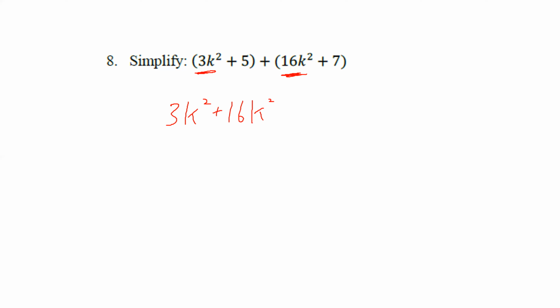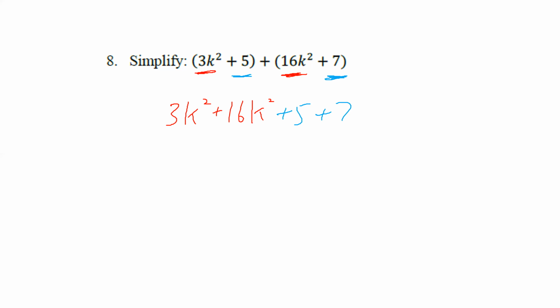And then the other 2 are like terms because they are constants. They don't have a variable. So those 2 would be like terms. So that's how we're grouping them as we're adding them. Now, when we add, if they have a variable that's a like term, we're just adding the numbers that are in front of them.